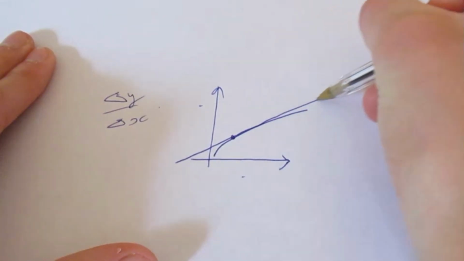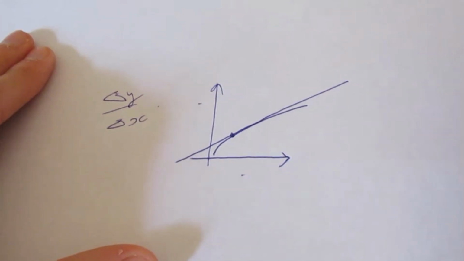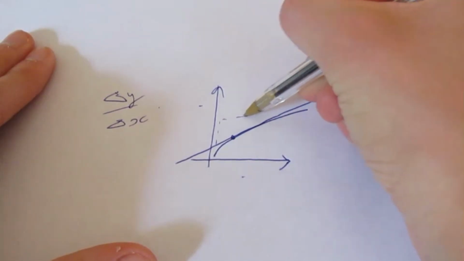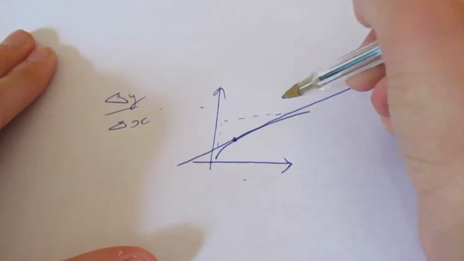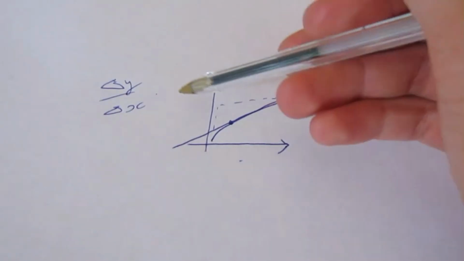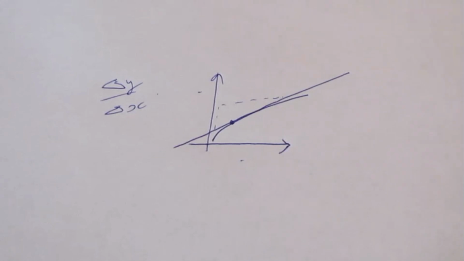Never ever do this yourselves. You'd find the gradient of this tangent, which would be used in things such as instantaneous acceleration, say if this was velocity against time of some car.